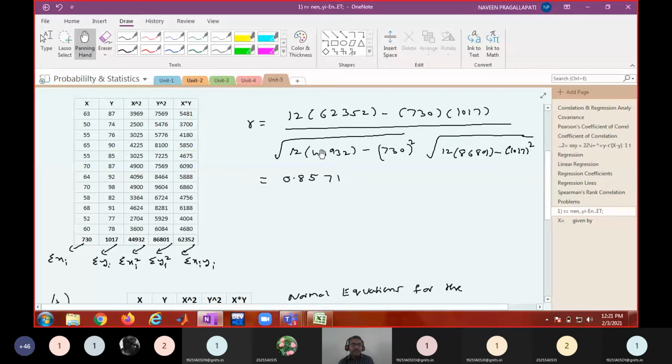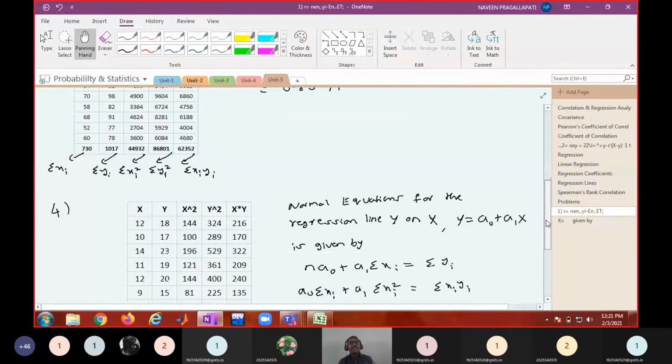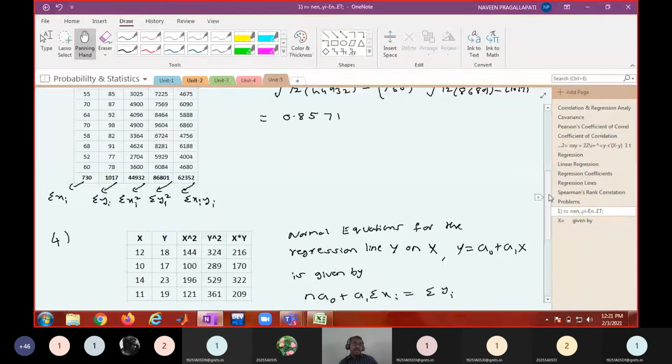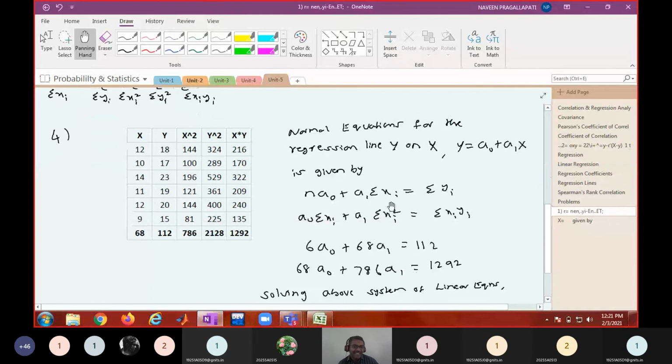Then if you want to use the other formula, y minus y bar equal to r into sigma y by sigma x into x minus x bar, you have to compute x bar, y bar, and sigma x and sigma y, which are the square roots of the variances of x and y.